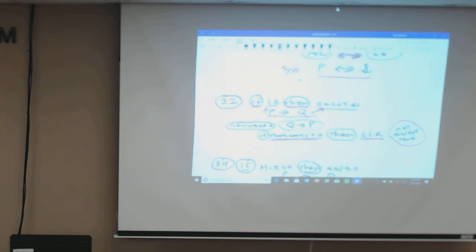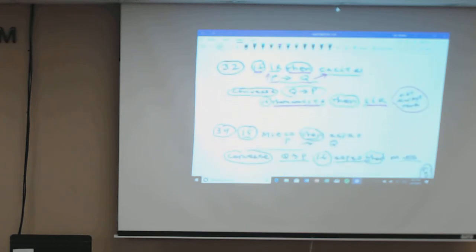Number 34. If M is elected to office, then all of our problems are solved. If P, then Q. The converse would be what? If Q, then P. Remember that from our chart?